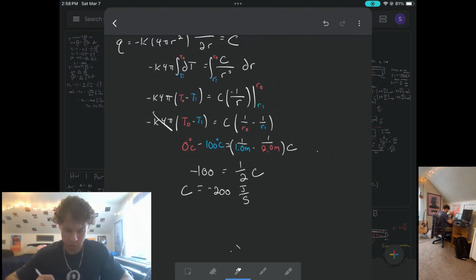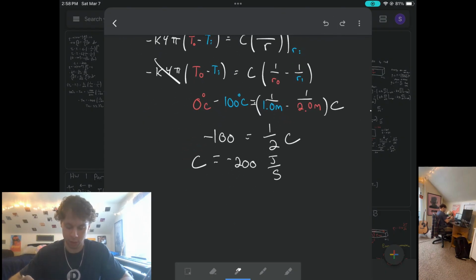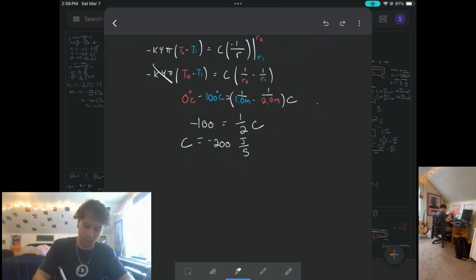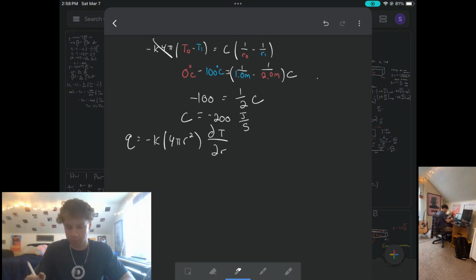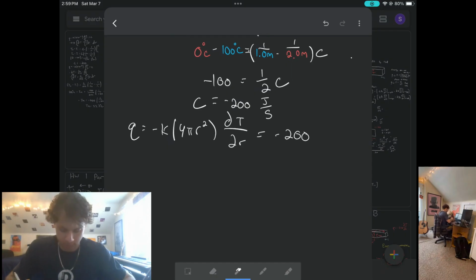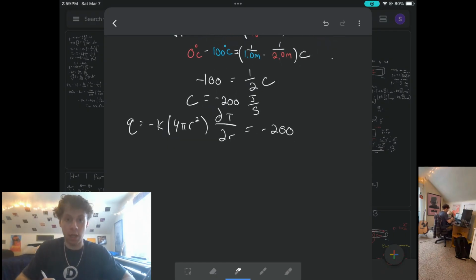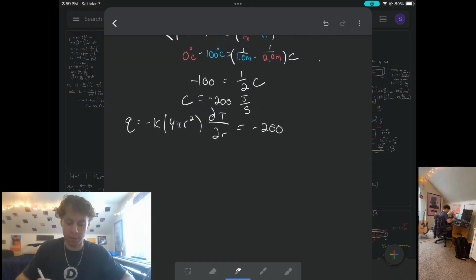Starting out with our heat flow again, Fourier's law, which is our heat flow is equal to our negative thermal conductivity times our area, which in this case is 4 pi r squared, times our temperature gradient, the change in temperature with respect to radius, is equal to our constant C, which we know is negative 200. Writing all this out, we separate our temperature from our radius again.